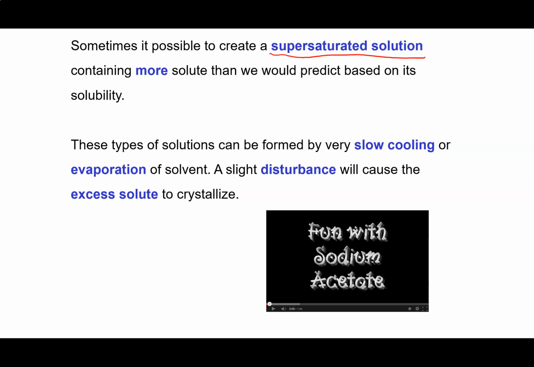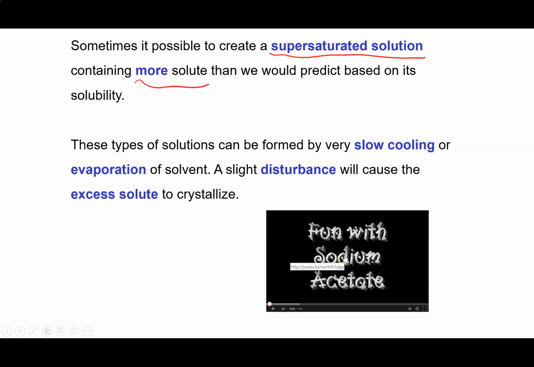And what you end up with is a solution that contains more of the solute than is theoretically possible. The only problem is that it's very unstable, and this supersaturated solution can only exist for a small amount of time, and then as soon as you disturb it, the excess solute begins to crystallize.